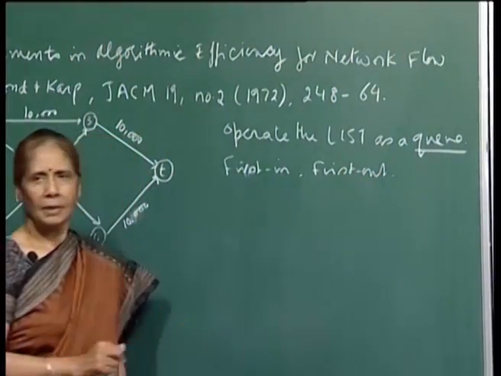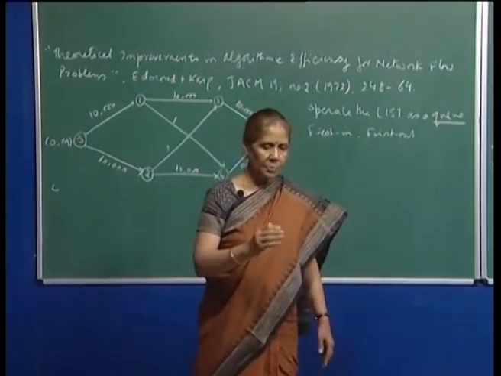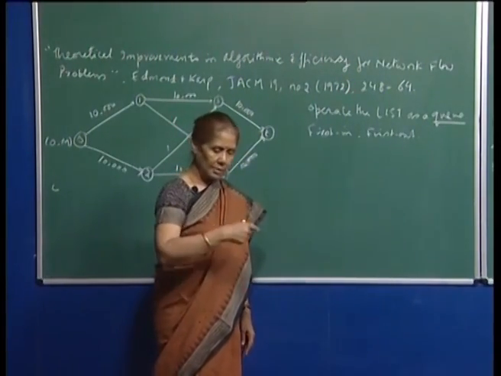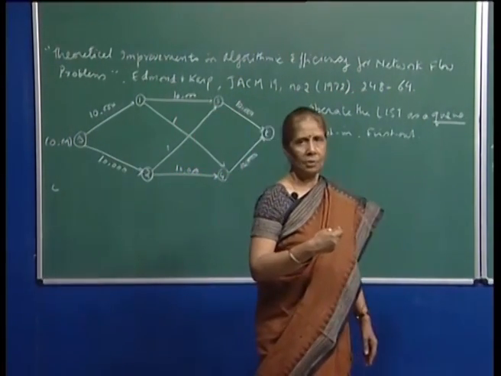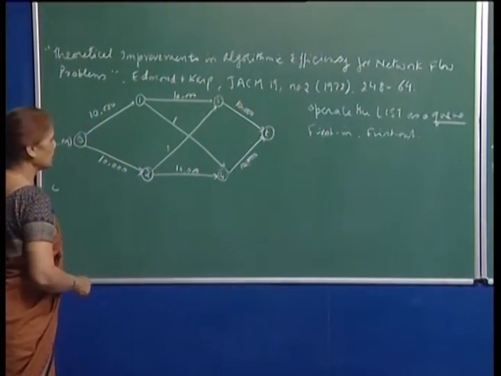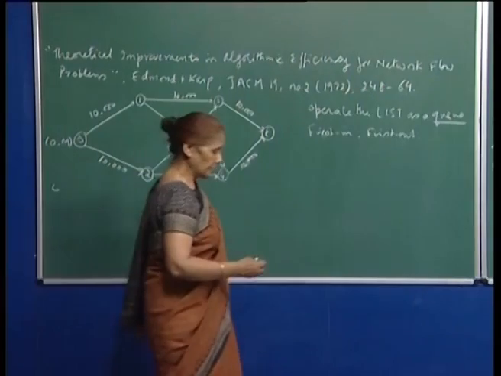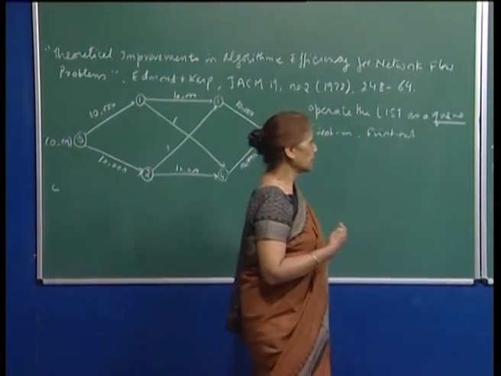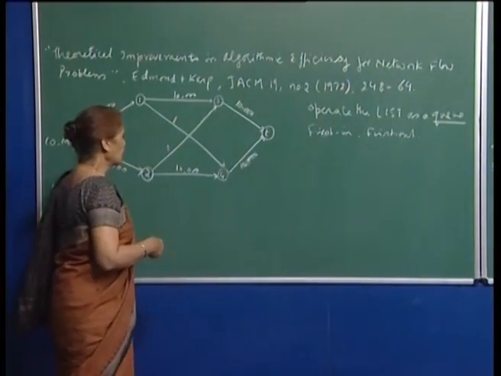When you operate a list as a queue, that means whatever came into the list at the beginning, in that order only it will go out of the list. Let me show you what I mean by that. This is also known as a breadth first search, and because of breadth first search we will see what the result is.